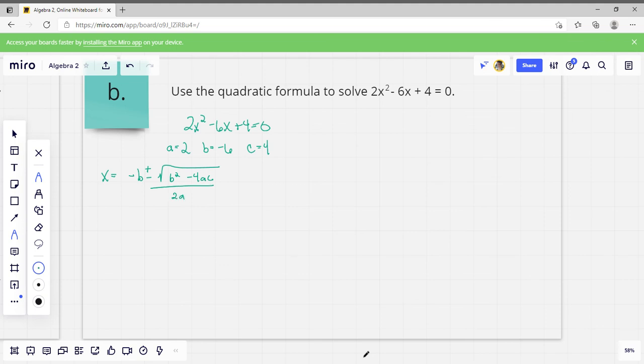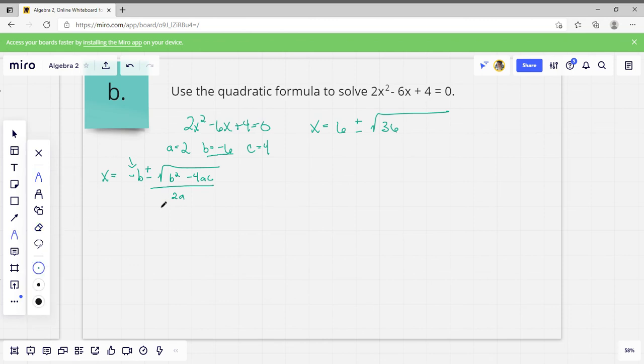over 2a. Alright, so first we've got our negative b, so x equals negative b, b is negative 6, so that would be positive 6, plus or minus the square root of b squared, so negative 6 times negative 6 would be positive 36.